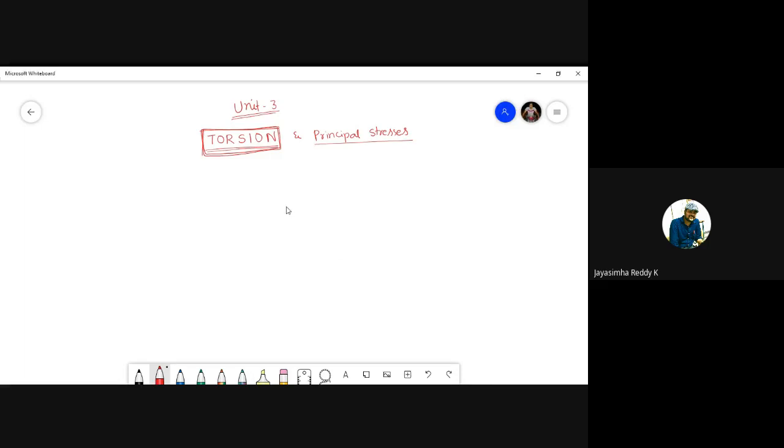All right. When do we say that an element is subjected to torsion? We say the element is subjected to torsion when we apply some twisting force to that particular element. Let us consider a circular shaft like this, and we have twisted it.